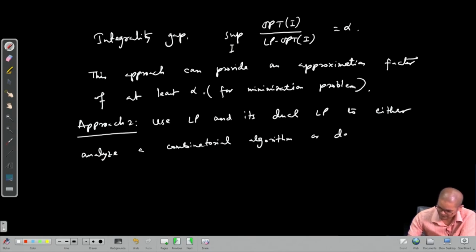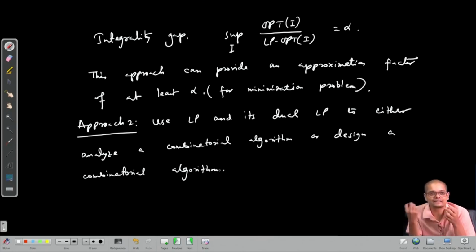In this approach, we do not directly solve a linear program. So in the next couple of lectures, we will see the design of approximation algorithms using both of these two approaches. Okay, thank you.